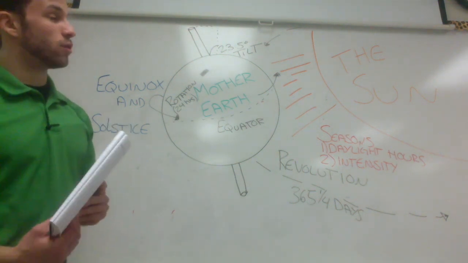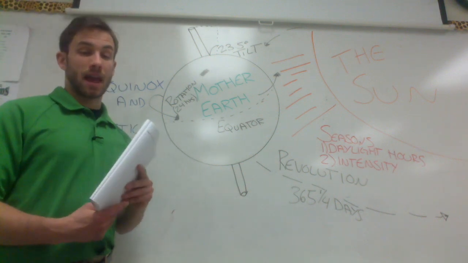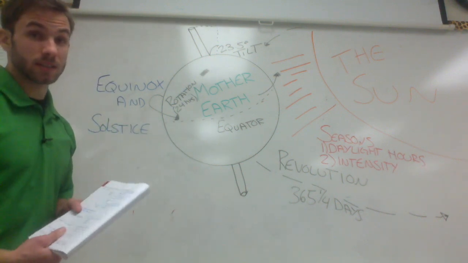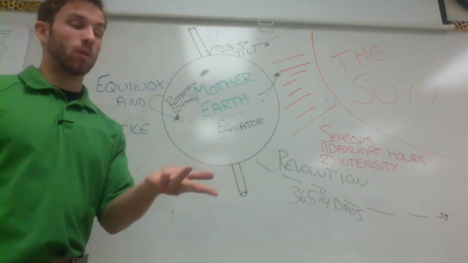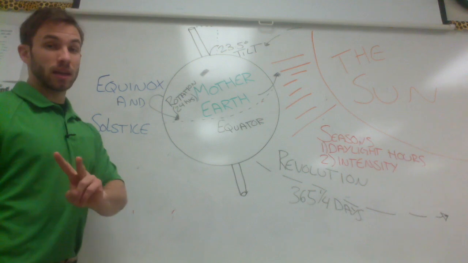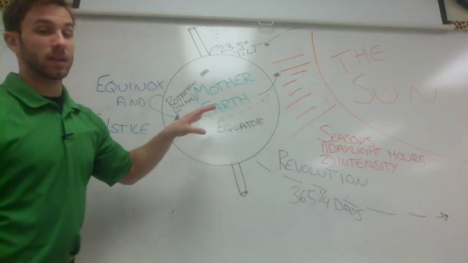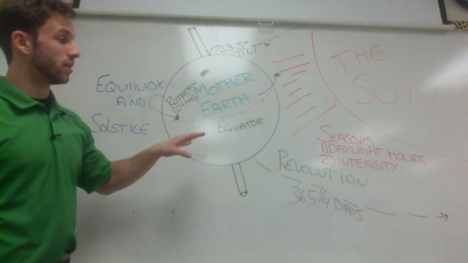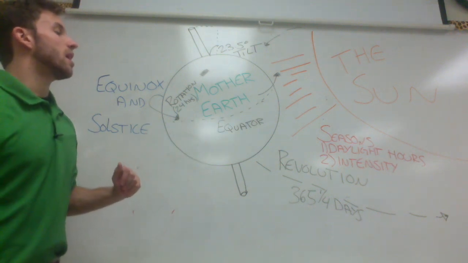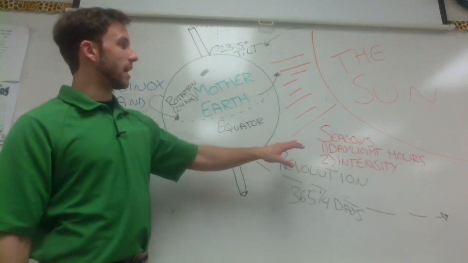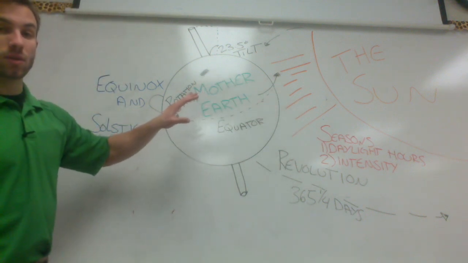Now, one of the reasons these movements are so important is because of the impact they have on weather as well as the seasons. So we see the seasons as fall, spring, summer, and winter. These are caused by two things. The sun is constantly pushing out heat that goes towards the Earth. The first thing that leads to the seasons, or reasons for the seasons, is how many hours of daylight a part of the Earth is going to get per day.